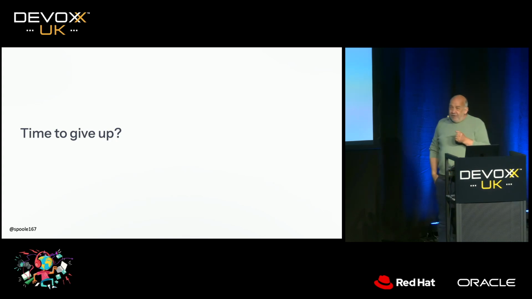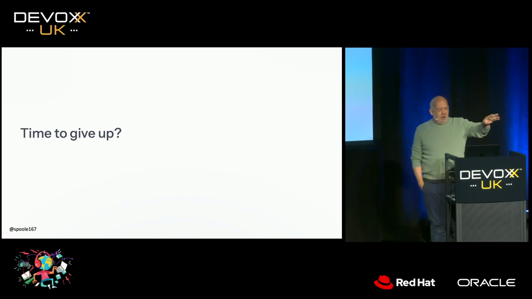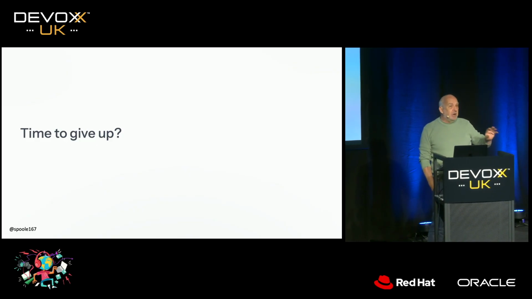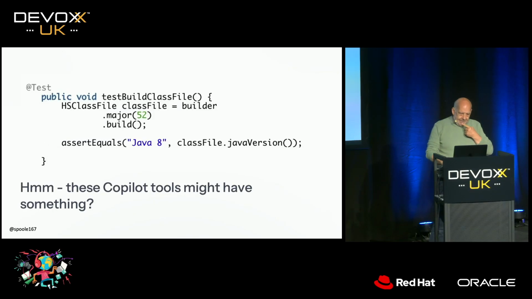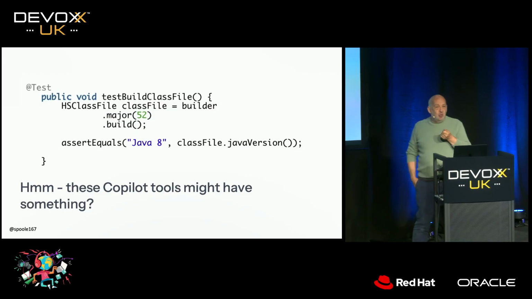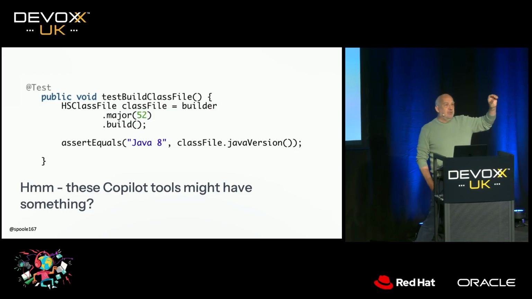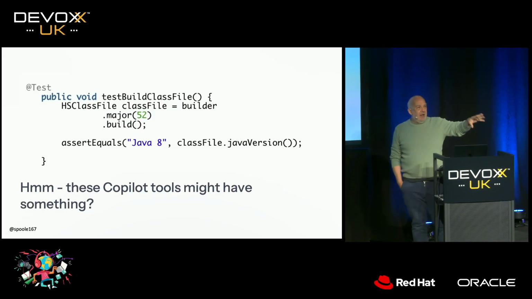So, should we just give up? Should we just stop now and go, okay, just talking to these things is not getting us anywhere, it's going to take too much time? Well, tucked away in there was the occasional good test case and the occasional good response. And so I thought, it can do this. I've just got to figure out how to get it to do the good stuff I want and not do the poor stuff.